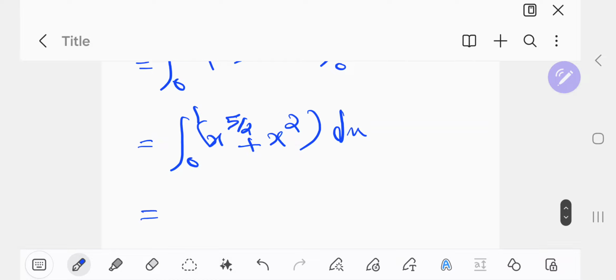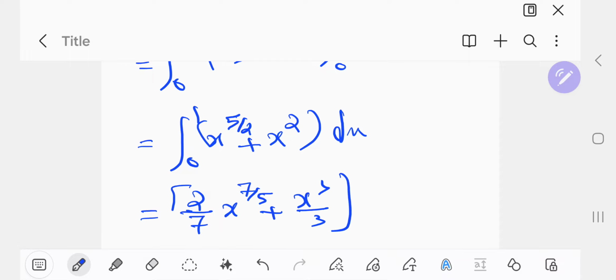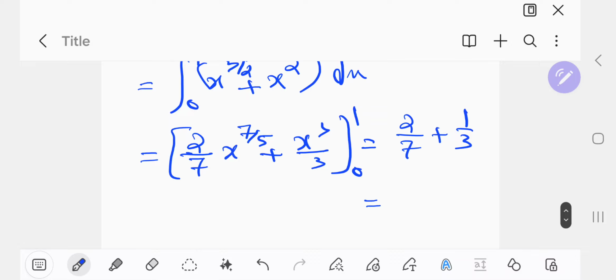Then it becomes 2 by 7 x raised to 7 by 2 plus x cube by 3, from 0 to 1, equal to 2 by 7 plus 1 by 3, which is 13 by 21, 6 plus 7.